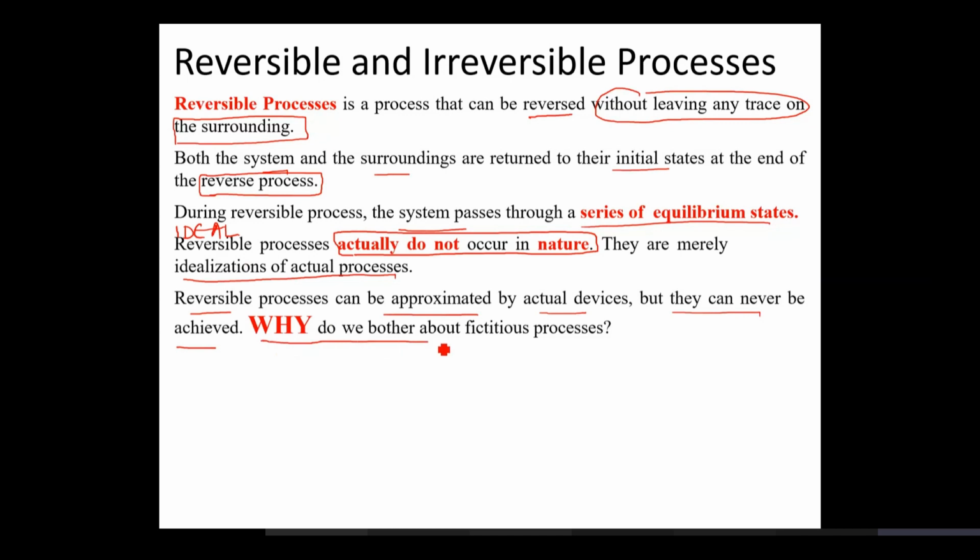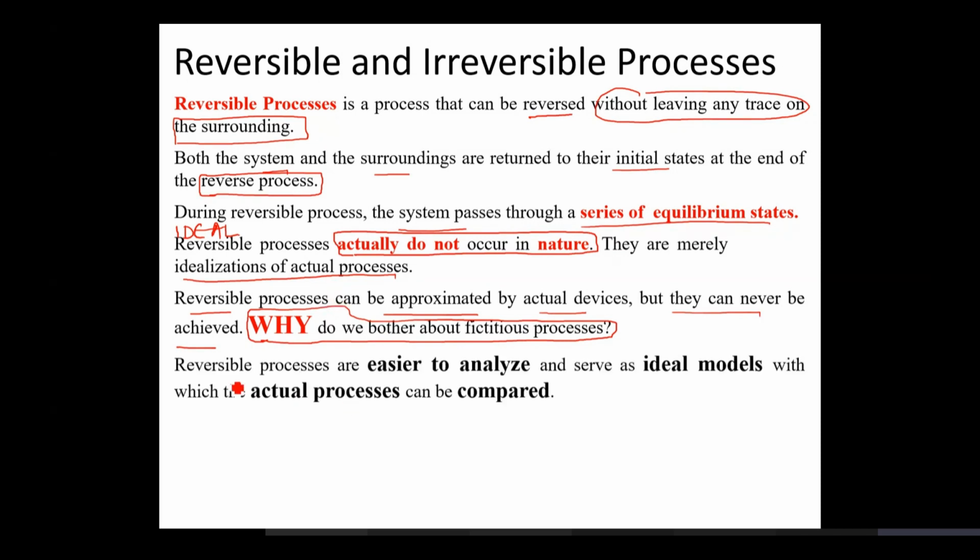So why do we bother about a fictitious process? What is the need to study a process which is actually not possible to achieve? The reason, number one, is that reversible processes are easier to analyze. How? Let's say we have the PV diagram, with the system moving from the initial state to the final state. This is the reversible process path.